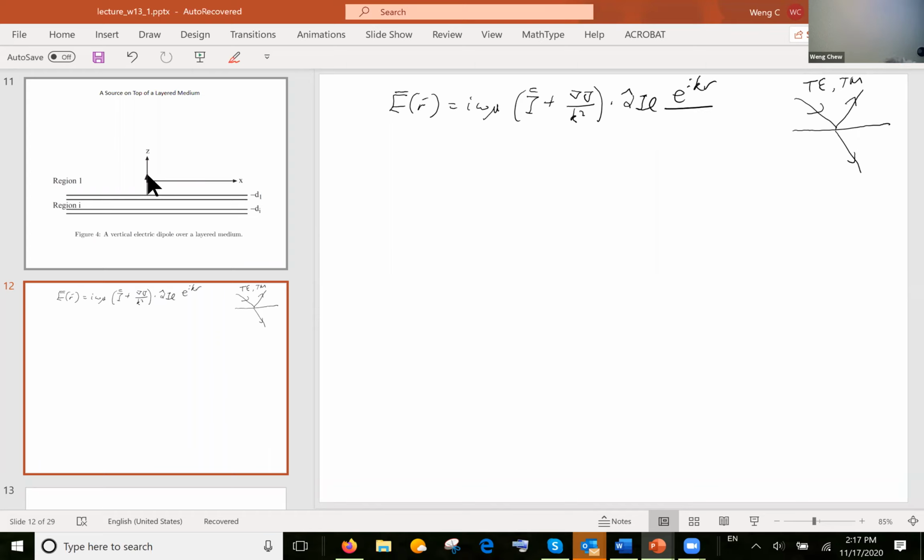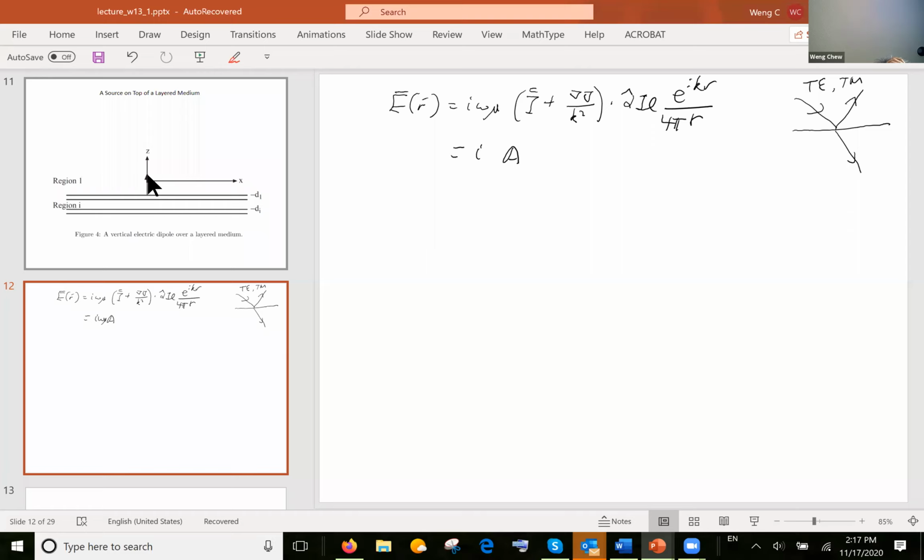You can use that directly from the dyadic Green's function, and if you don't like the dyadic Green's function, you say that this is just i omega A.